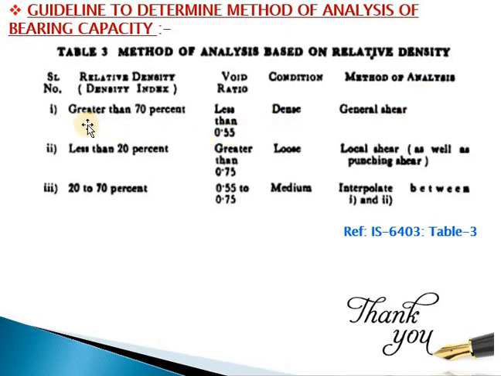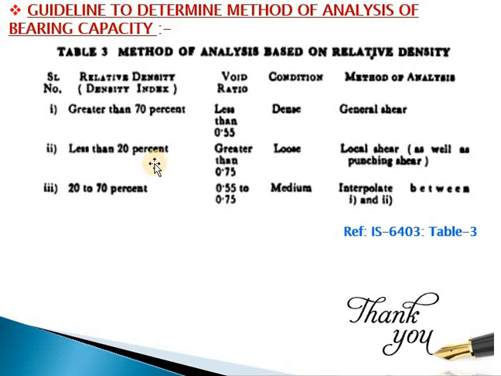Okay, now when the relative density is greater than 70% and the void ratio is less than 0.55, means it is a dense soil, and in that case we will calculate the bearing capacity in general shear failure by applying the general shear failure formula as per IS 6403.